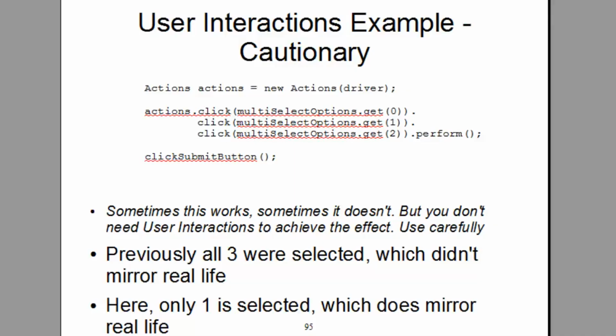I can do that either using the select helper class and doing a deselect all, then selecting the one that I want, or looping through based on a find elements and unselecting them if they're selected, then selecting the ones that I want. I don't have to use user interactions because there's no need for me to accurately simulate the user interactions. There's no JavaScript on top of this.